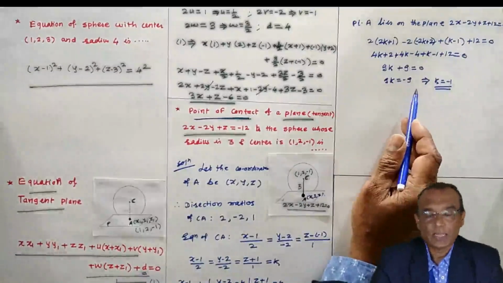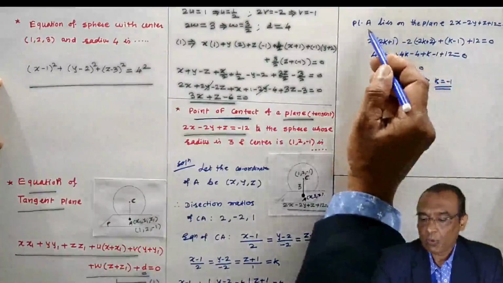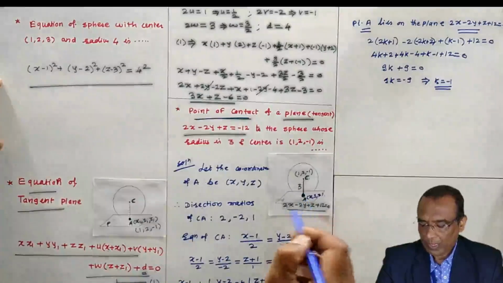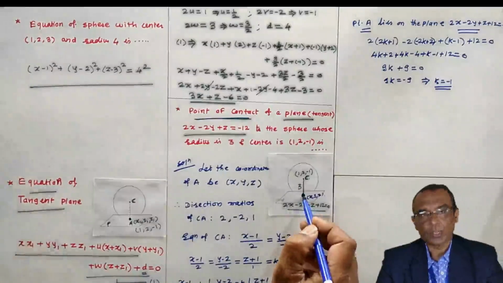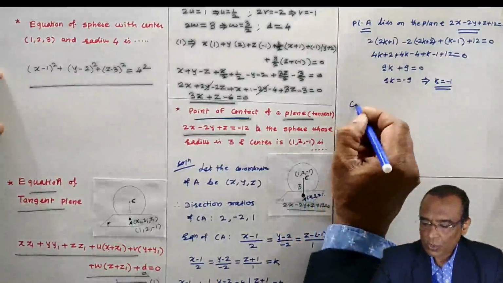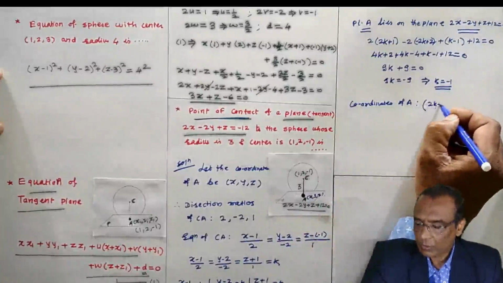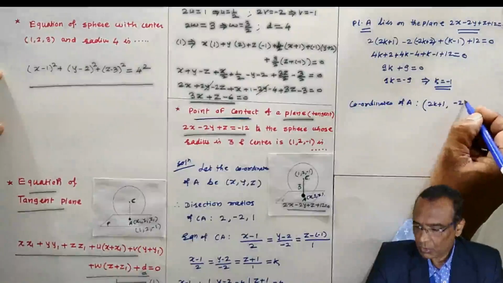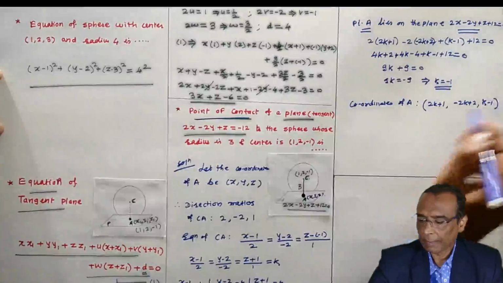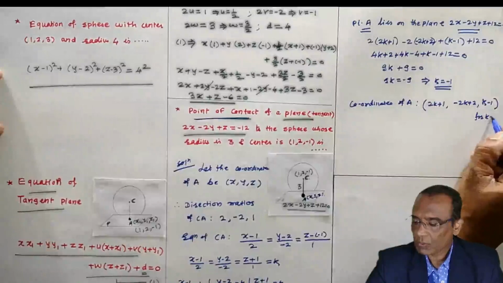But this value of k is conditional. We obtained it when point A lies on this plane. At this position point A lies on the plane. Therefore the coordinates of A are 2k plus 1, minus 2k plus 2, k minus 1, but for k equal to minus 1.